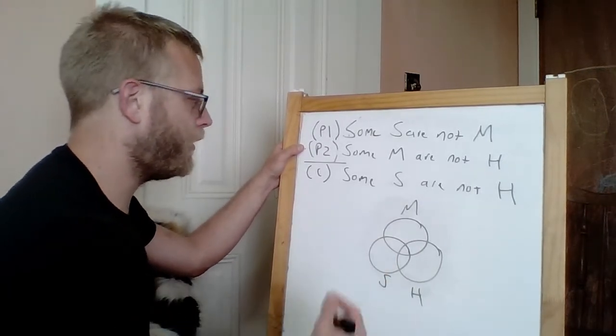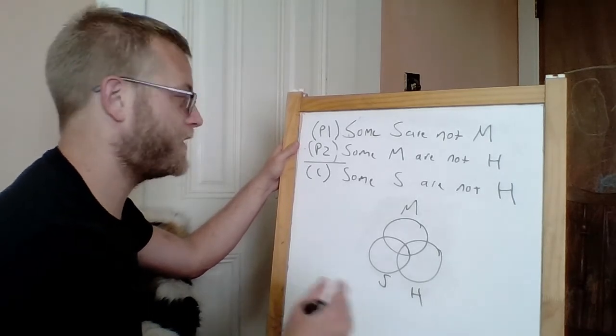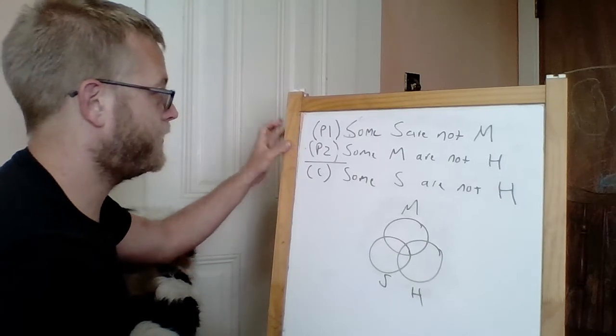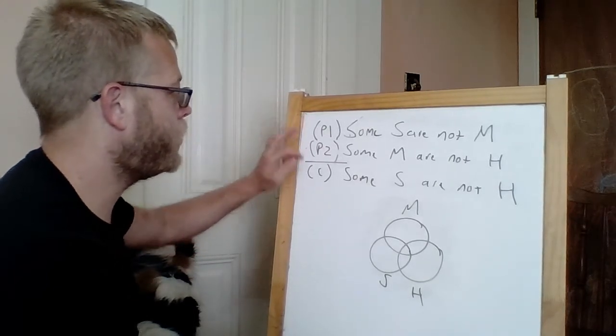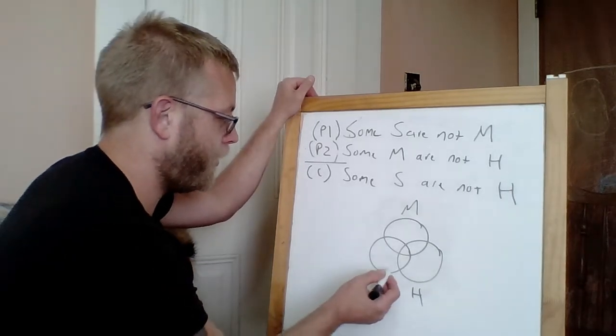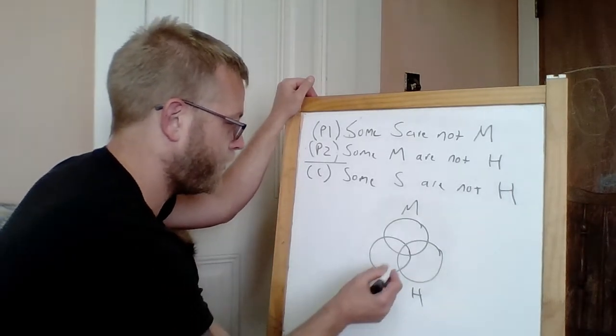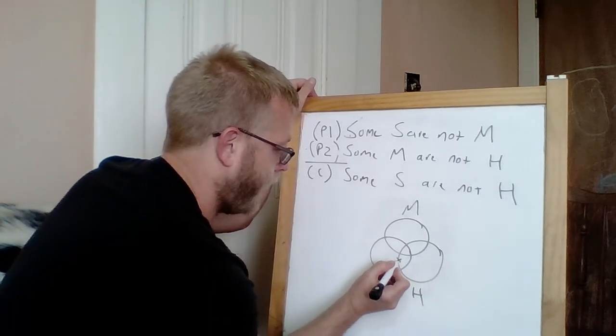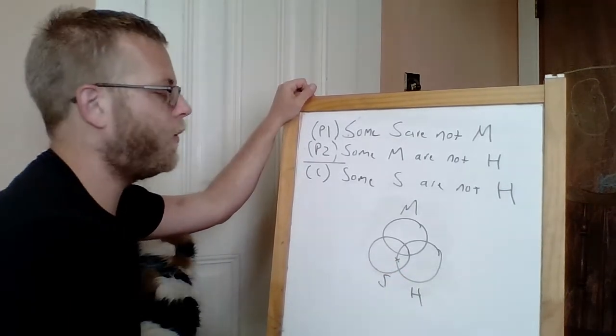If you really want to go ahead and symbolize it, this is what you would do. Since we don't really know where to put it for either one of them, for each of them you would say some S are not M. I know that there's an S outside of the M circle. I don't know if it's here or here, so I'll just put it right on the line to indicate our lack of knowledge. We just don't know where it goes.